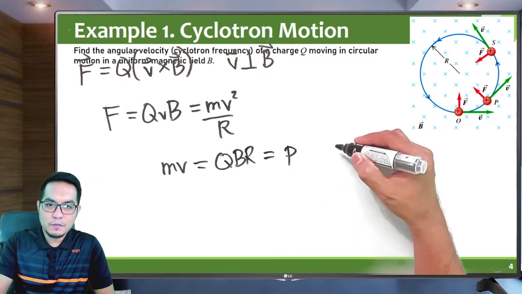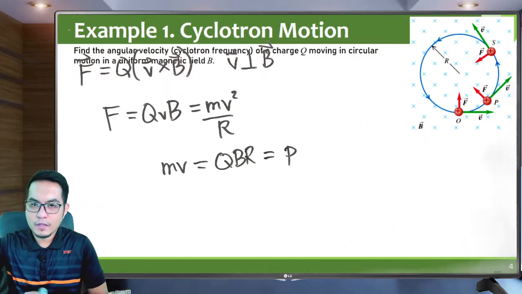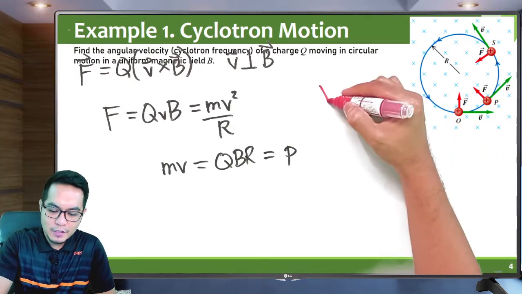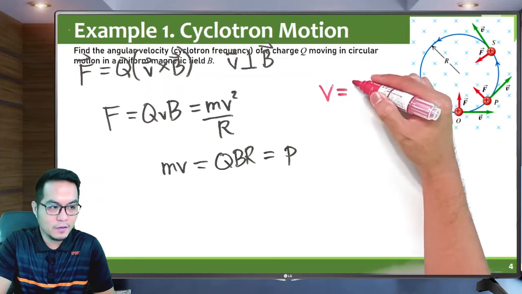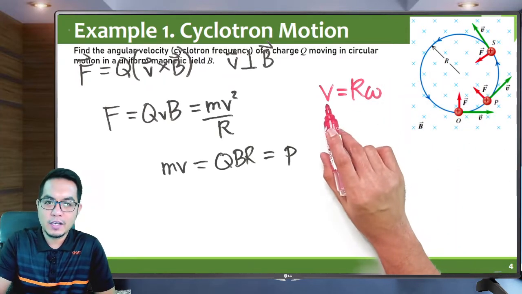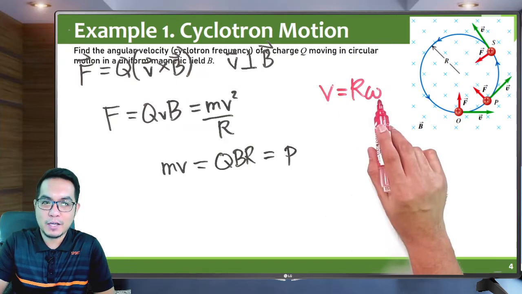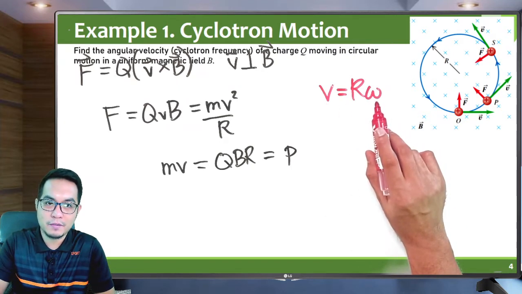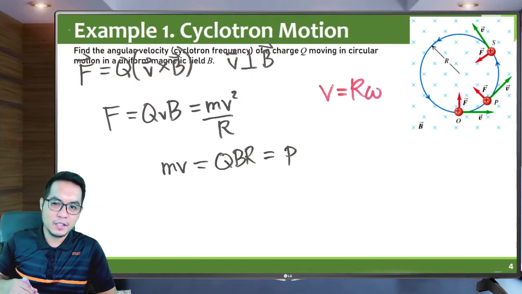Now, in uniform circular motion, the velocity is actually related to the angular velocity by the radius. So this is the relationship between the linear velocity and the angular velocity. This is actually what we are trying to find, the angular velocity.